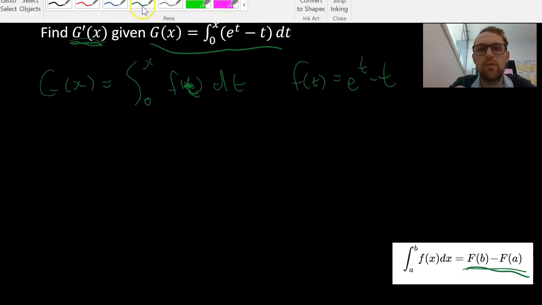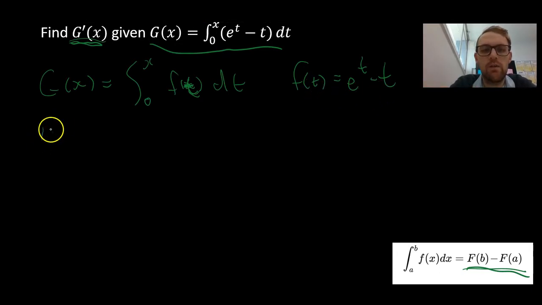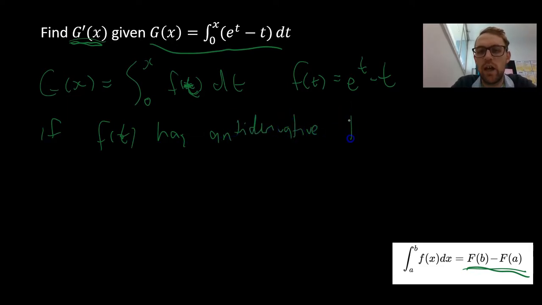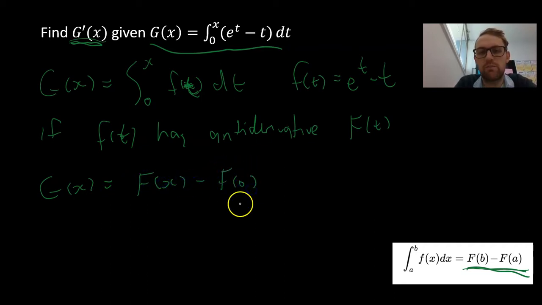Now, if f of t has an antiderivative of capital F of t, we can use this formula to write out our equation. So g of x equals F of our first term, x, subtract F of 0.